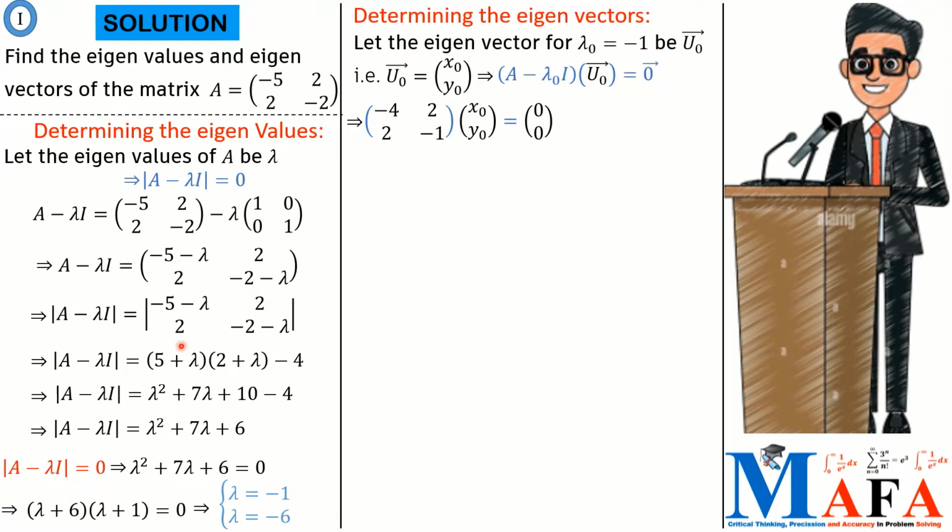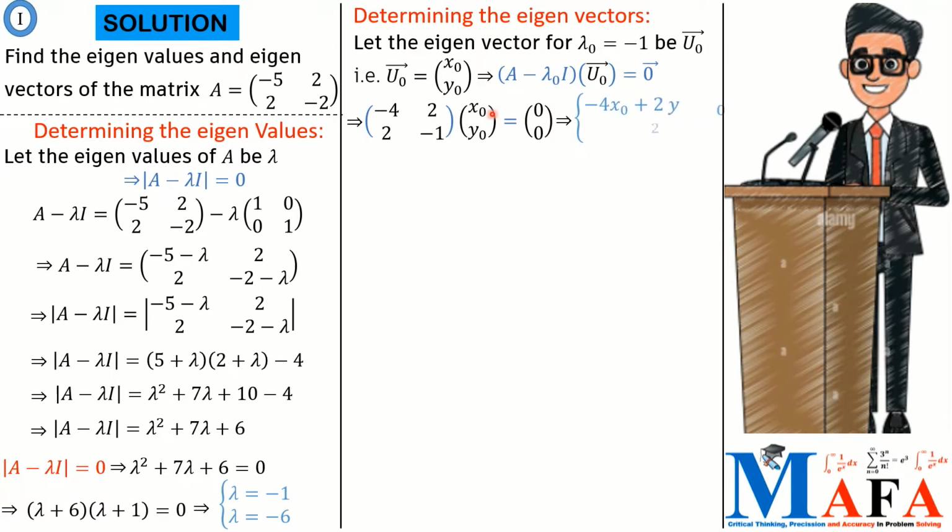The non-leading diagonal elements remain unchanged, and you have -2 minus -1, which is -1, times my x0, y0, and I equate it to 0, 0 because it is a 0 vector. Our main matrix is 2 by 2, so that is why we have the 0 vector of this form.